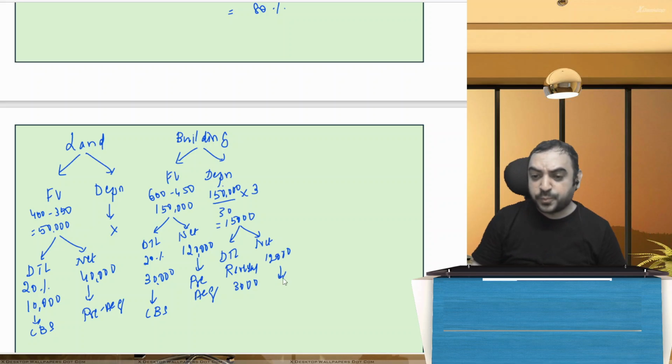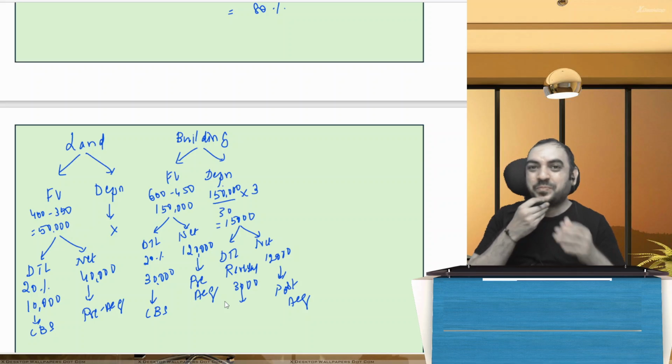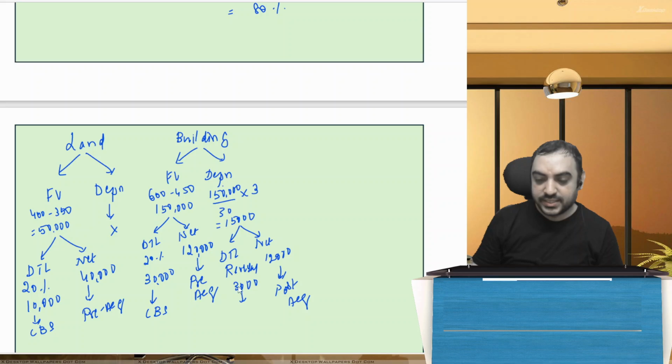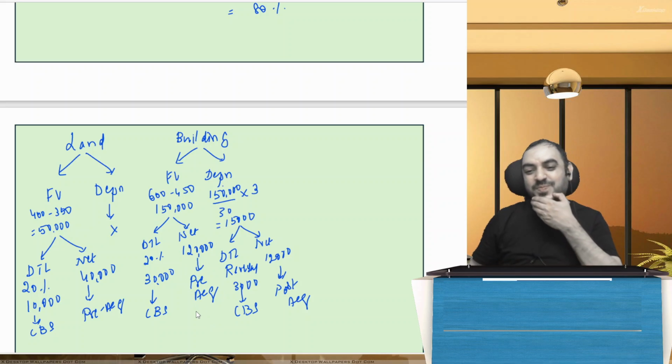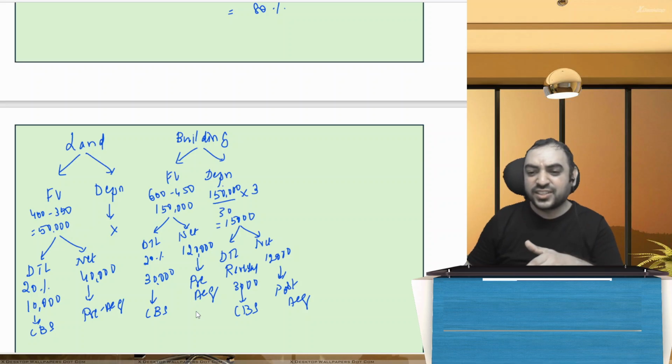This 12,000 net is post acquisition profit, and this 3,000 deferred tax liability will be considered in the consolidated balance sheet. That deferred tax liability, whatever we created, 30,000, will be reversed to the extent of 3,000. And this 15 minus 3, 12, is the post acquisition profit depreciation we will consider.